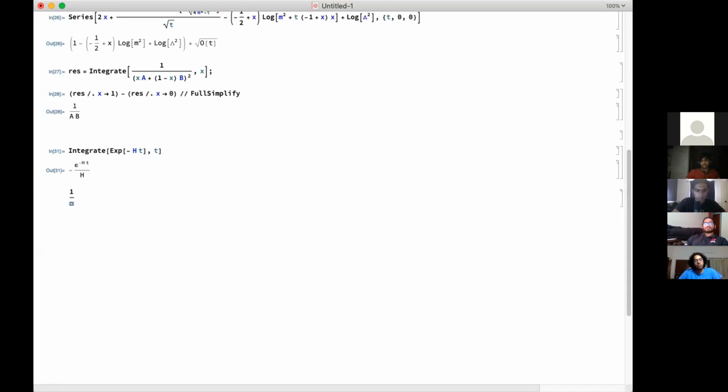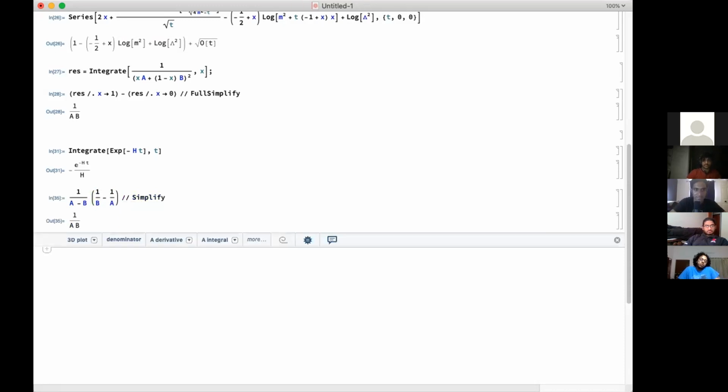So do we agree that we can write 1 over AB as 1 over A minus B times 1 over B minus 1 over A? It works.